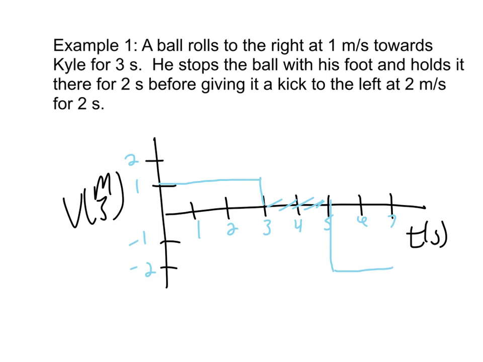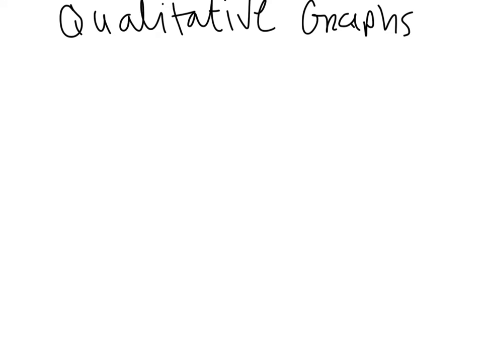In the same example, let's just look qualitatively at how the position time graph and the velocity time graph can be related to each other. In other words, once you have one, you can very easily get the next one. We'll start by looking at the position time graph and making it into a velocity time graph.